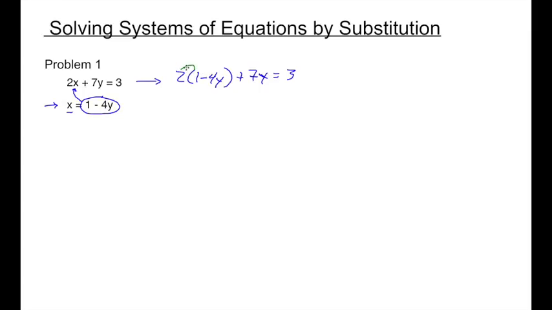We distribute 2 times 1, 2 times 4y. So we would have 2 minus 8y plus 7y equals 3. And now we combine our like terms.